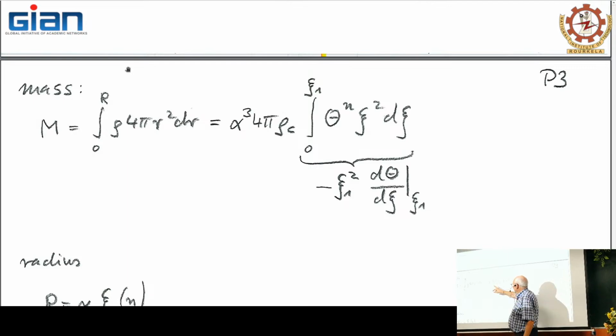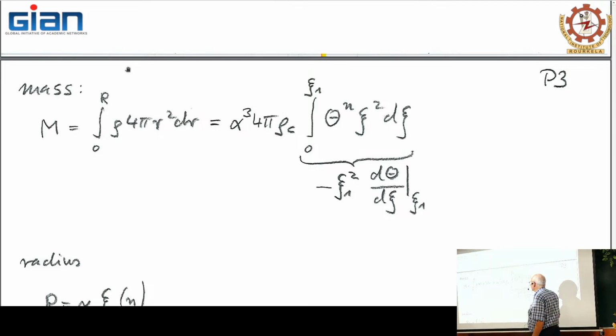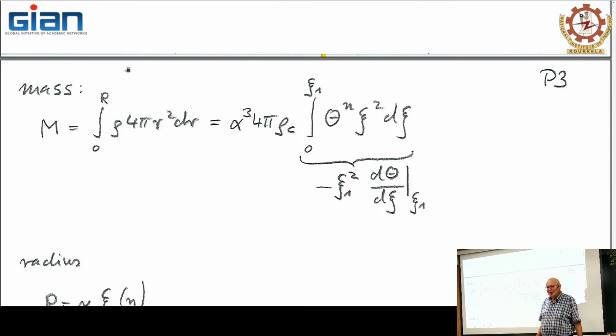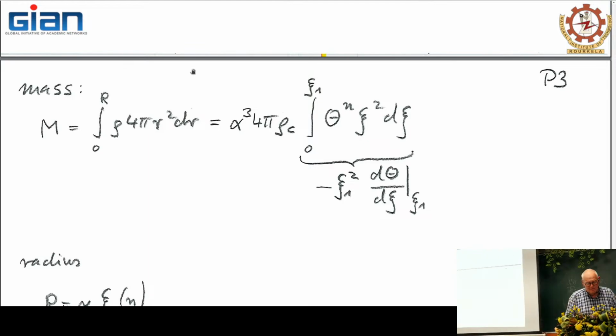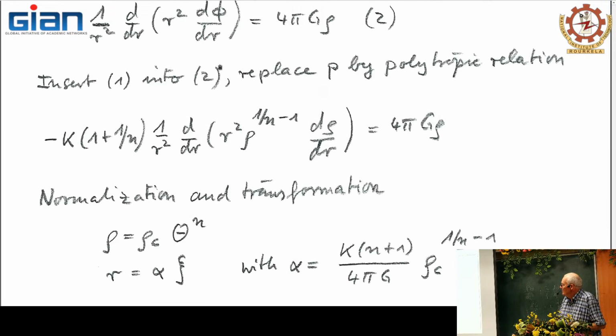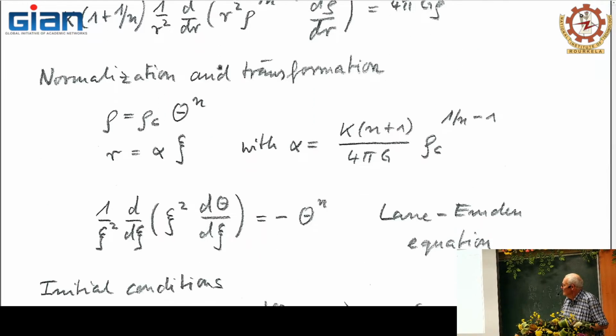So this is alpha cubed times 4 pi times the central density times the integral now in terms of the normalized quantities. This is the integral from 0 to the first 0 in terms of the variable psi of the density theta to the power n, times psi squared. Now we can write this integral simply by the Lane-Emden equation, that's here.